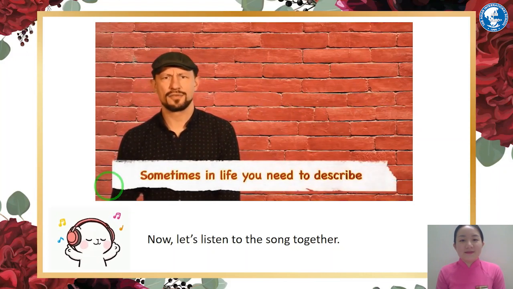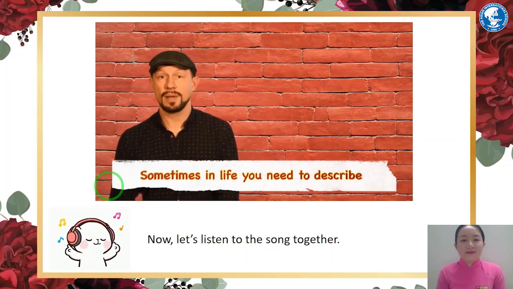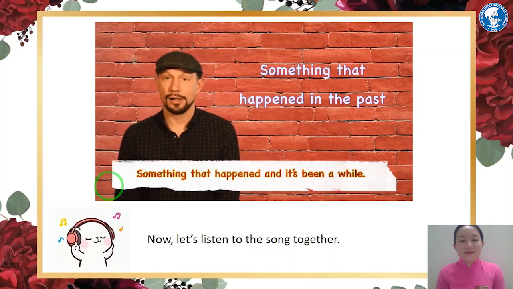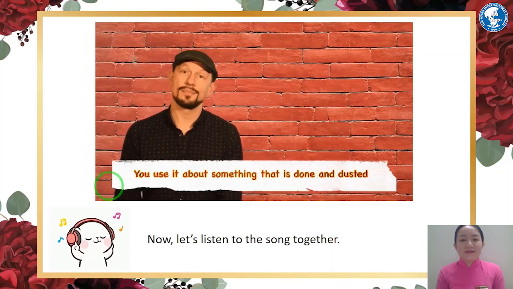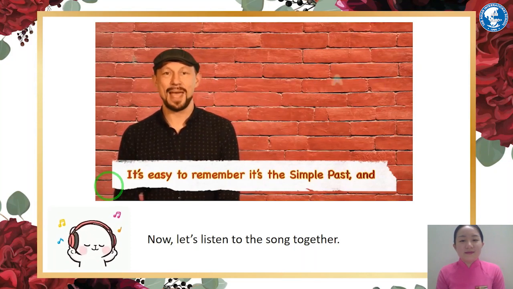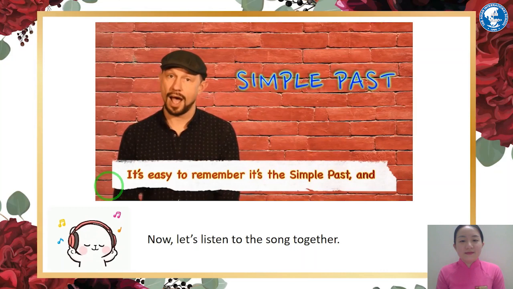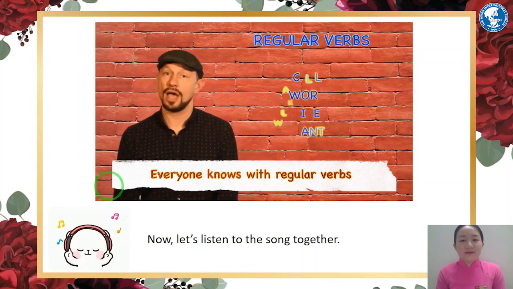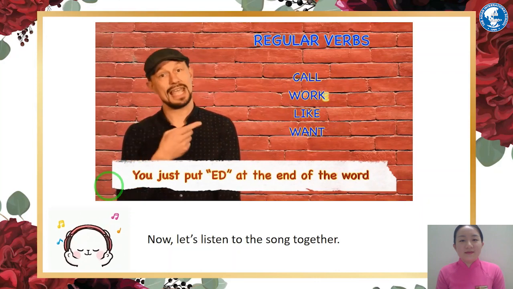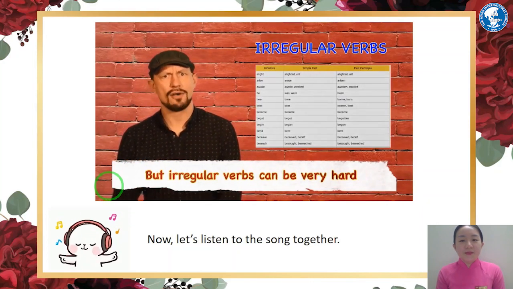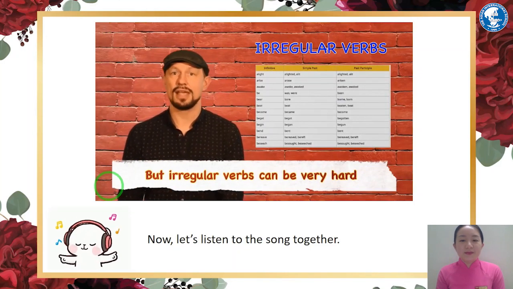Sometimes in life you need to describe something that happened and it's been a while. You use it about something that is done and dusted. It's easy to remember, it's the simple past. And everyone knows with regular verbs you just put ed at the end of the word. But irregular verbs can be very hard.